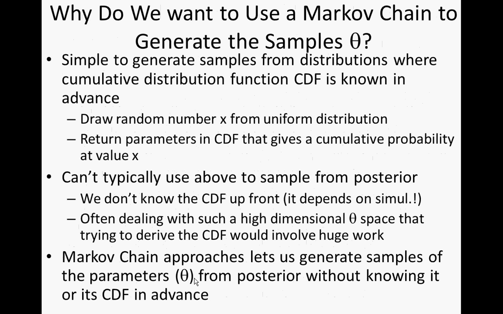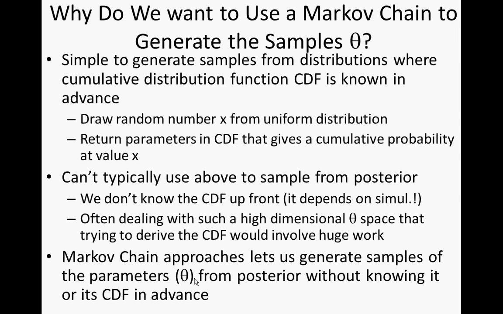This is going to be a simple means of generating samples from distributions, and we're going to use it in a very flexible way, as an extremely flexible means of drawing values from a posterior distribution. Now, this may seem like a puzzling thing. Why do we need a Markov chain technique to do this?